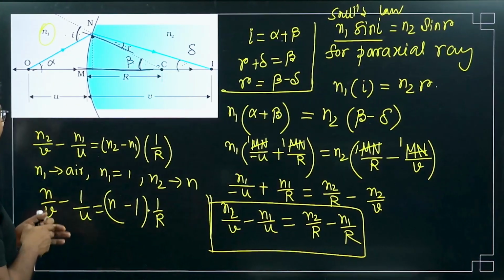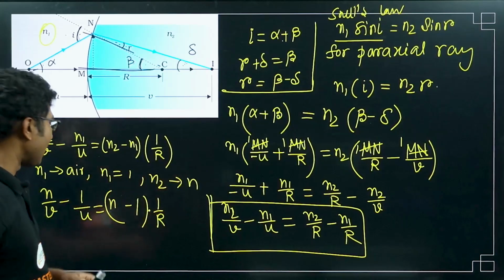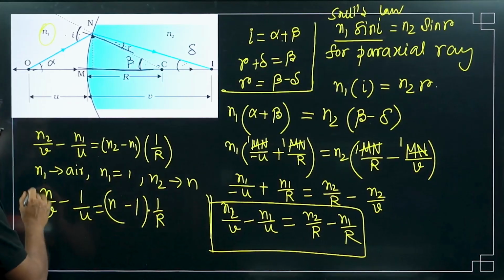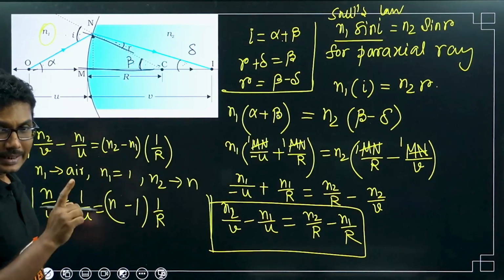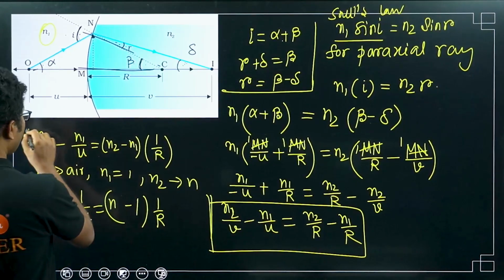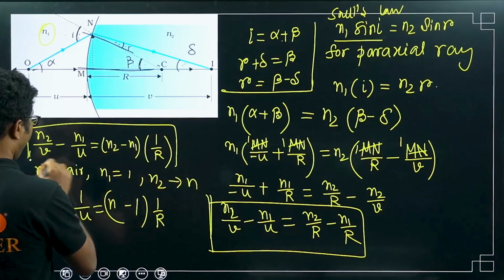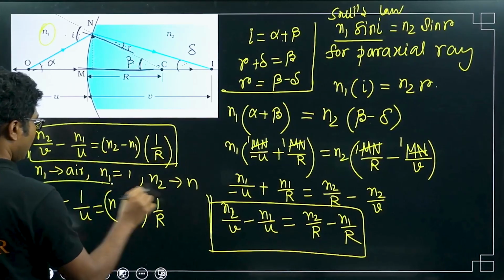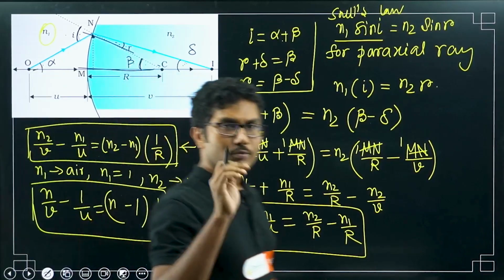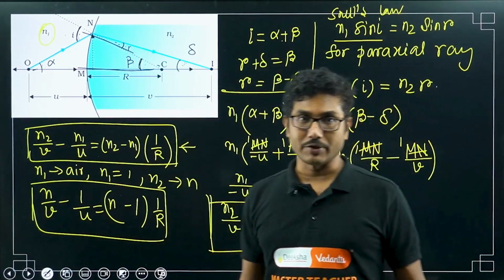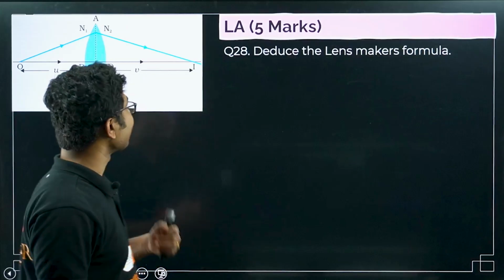So for the first medium air, second medium a normal medium, this is a modified formula, but most commonly the formula that we use is this one. You can leave your answer here, you will get full marks for your calculations. Okay, now let's move on to the next question.